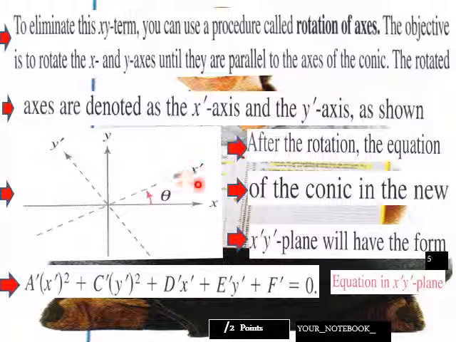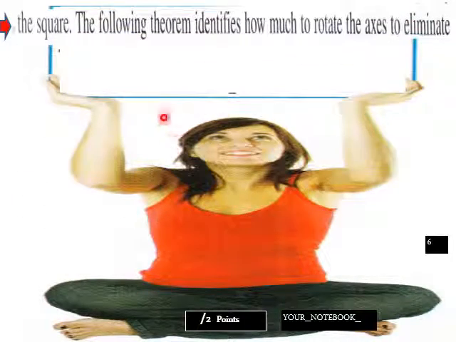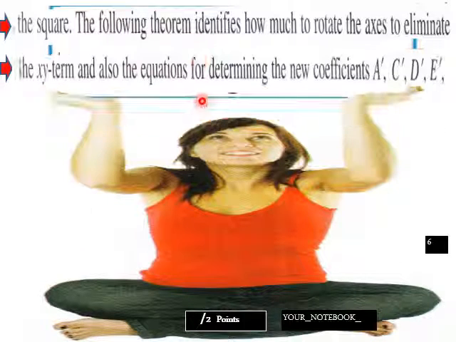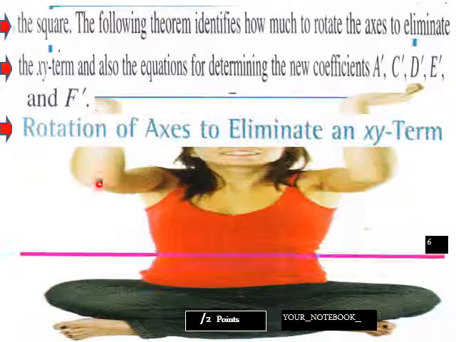We can move our axes to that. Because this equation has no xy term, you can obtain a standard form by completing the square. The following theorem identifies how much to rotate the axes to eliminate the xy term, and also the equations for determining the new coefficients a prime, c prime, d prime, e prime, and f prime.